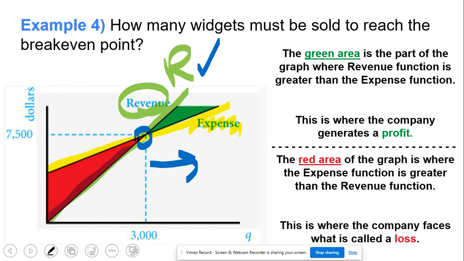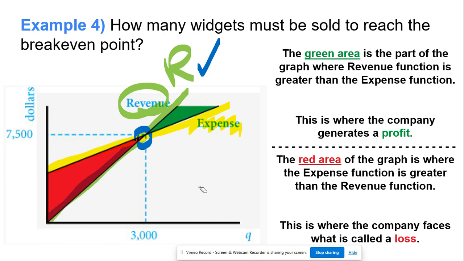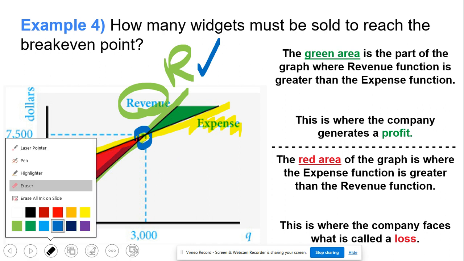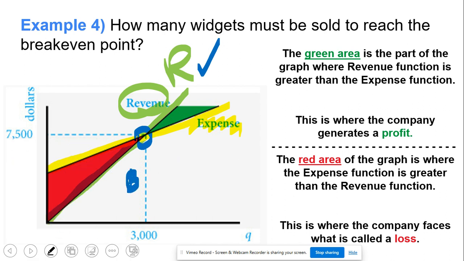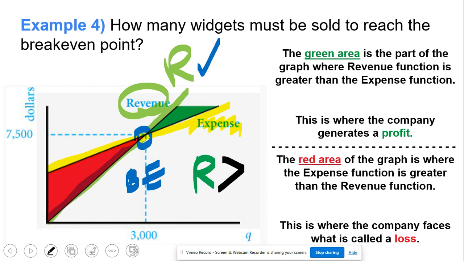So anywhere in the green area to the right of the break-even point is going to be a profit, because that's when the revenue is literally bigger than, I'm going to put BE for break-even, but you can see that revenue is larger than your expense function. Everywhere to the right.